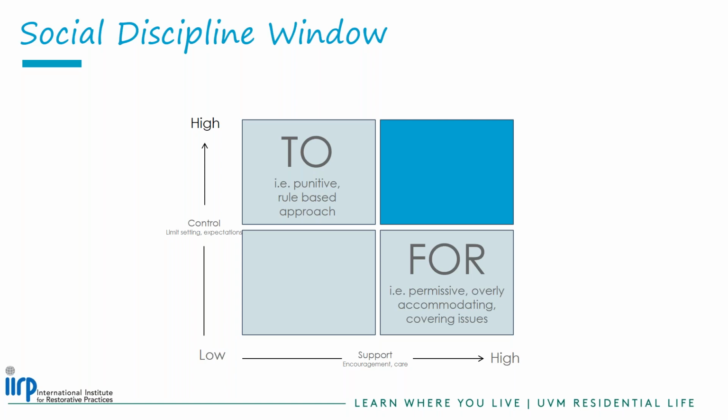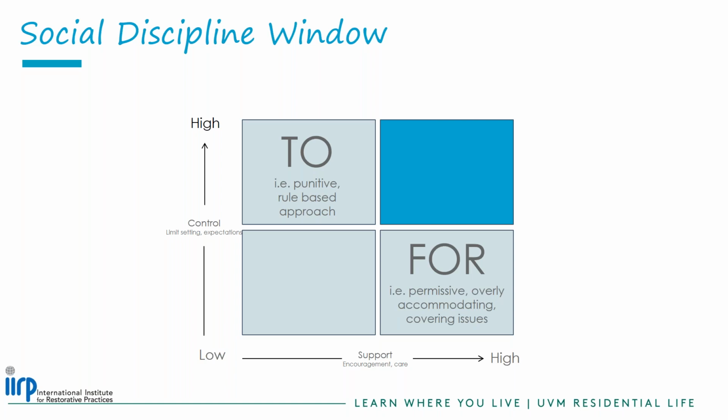The opposite of that is the 4 box. This is thought of as more of a permissive form of leadership and working with others. An example would be that same RA in a quiet hours incident who is overly permissive or overly accommodating for their residents.